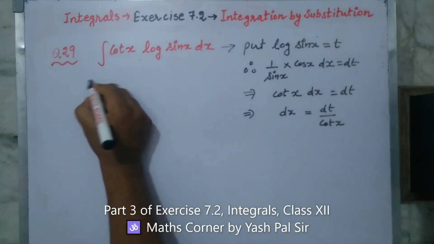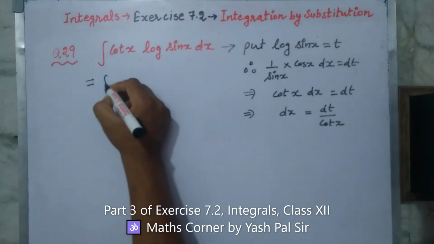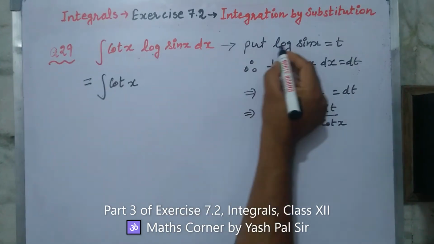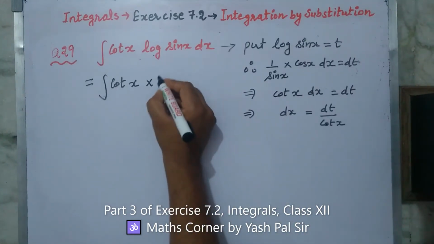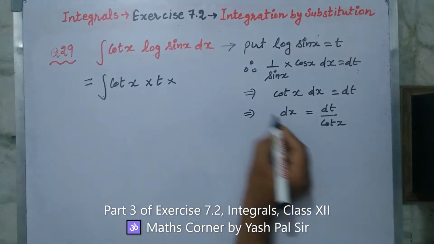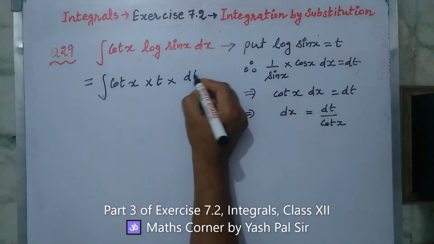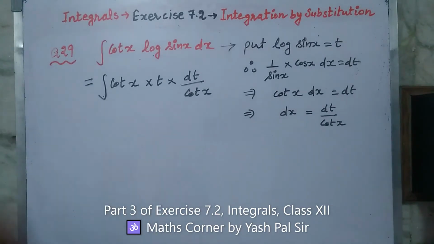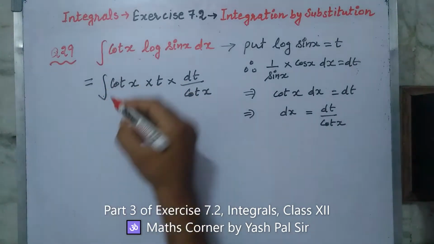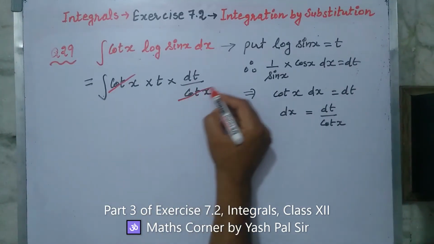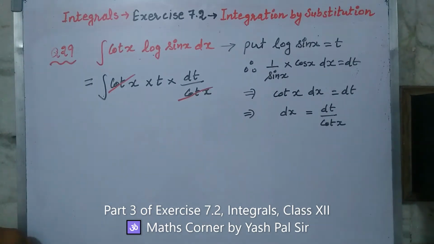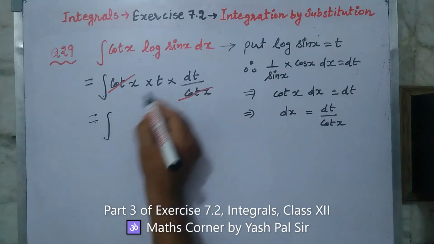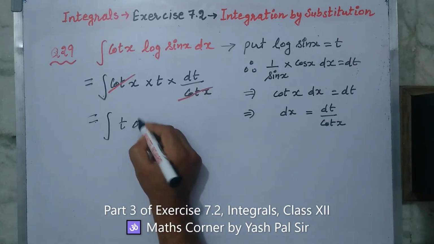So this question now becomes cot x into log sin x, taken as t, dx meaning dt upon cot x. So what we do, cot x cancels out, so the remaining function is t only, dt.